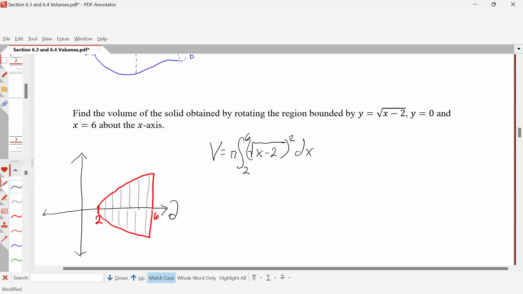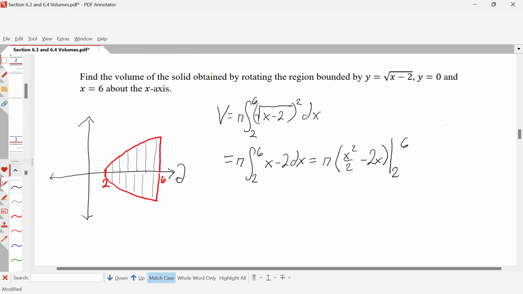Evaluating this out, the square root and the square work nicely together to cancel. So we have pi times the integral from 2 to 6 of x minus 2 dx, or pi times x squared over 2 minus 2x, evaluated from 2 to 6.